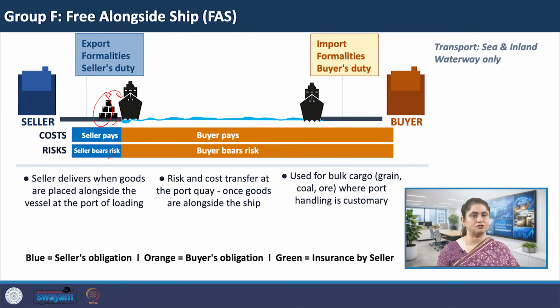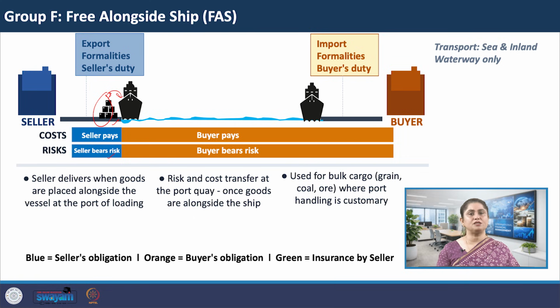Loading is the buyer's responsibility. Free alongside ship is typically used for bulk cargo, for example grain, coal or timber, where goods are delivered in bulk to the port and the buyer's vessel comes to collect. In such trades, it is customary for port handling to be managed by the buyer's shipping agent.